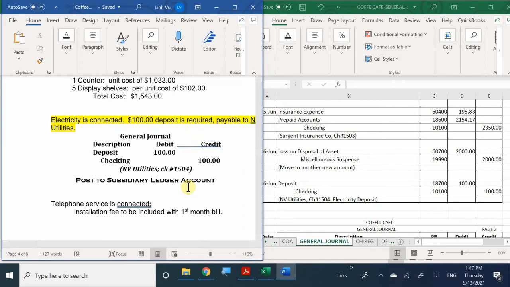So then the next scenario says that telephone services is connected, all right? Installation fees are to be included with the first month's bill. Okay? So, once again, nothing yet because we never received our first month's bill. We don't know how much, right?